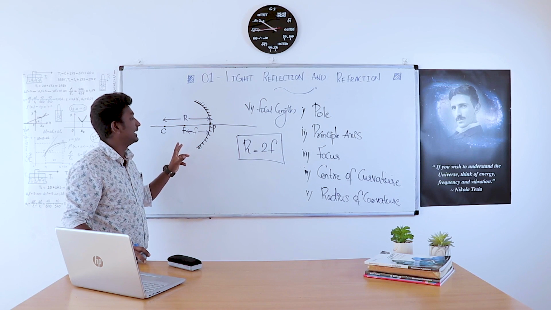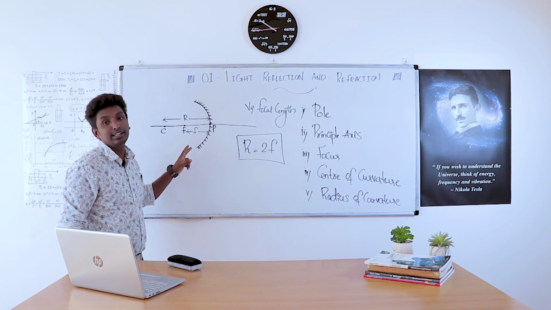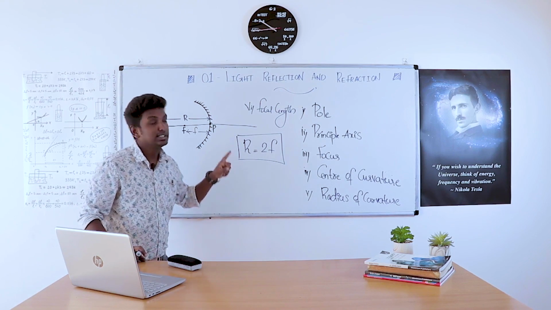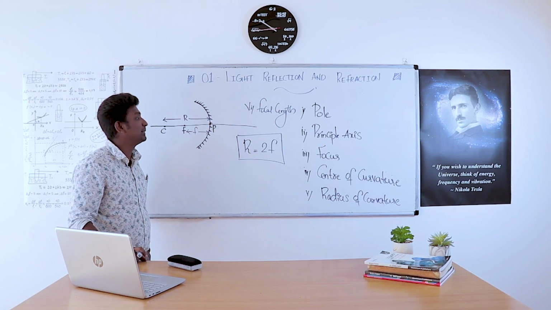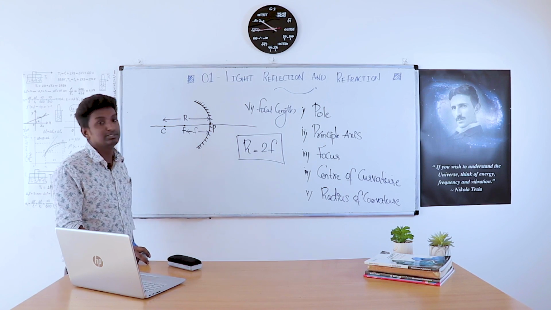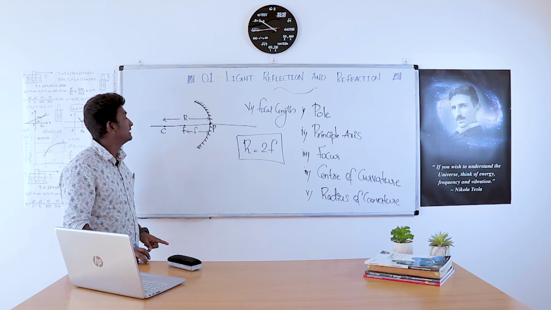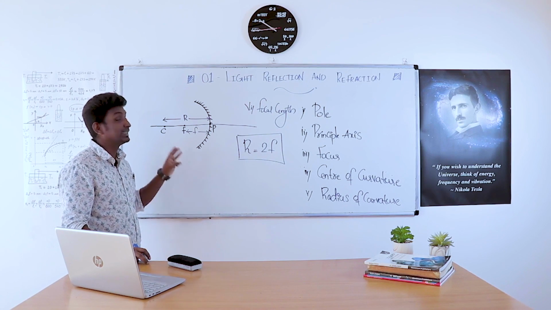So what are the terms we explained right now related to the mirror? First one is pole. The center of the reflecting surface is the pole. Second is principal axis. The straight line axis passing through the pole is the principal axis. Next is focus.